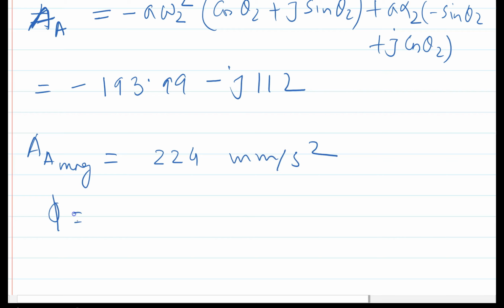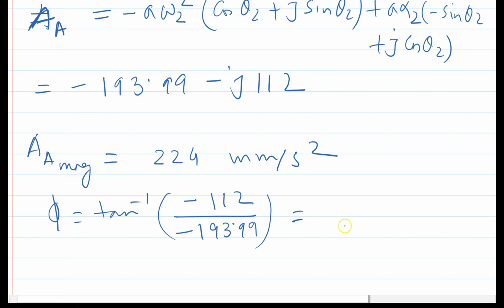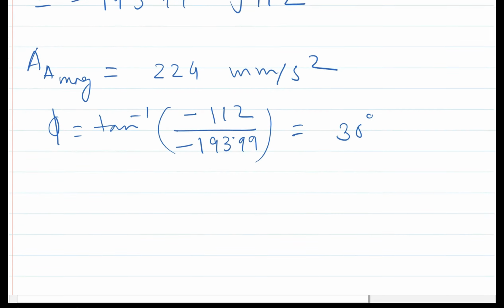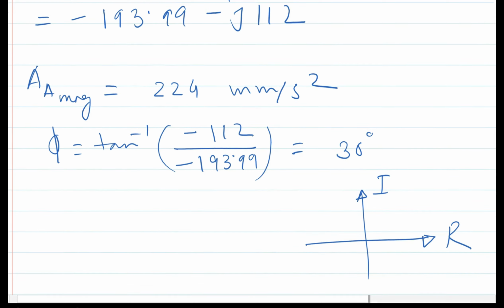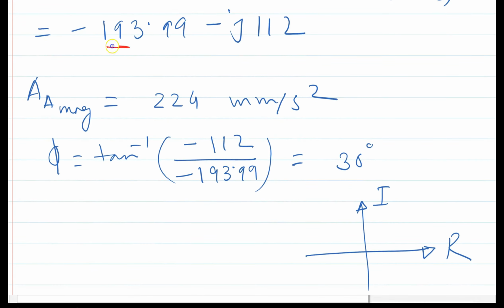In terms of angle, let's find the angle first, which is negative 112 divided by negative 193.99 and gives us 30 degrees. Let's draw the diagram one more time, where the x-axis is the real part and the y-axis is the imaginary part. Looking at our complex number, the real part is negative and the imaginary part is also negative.